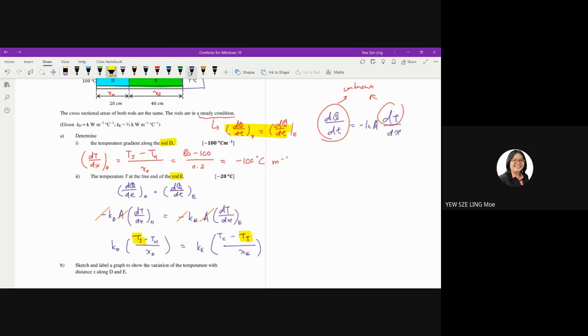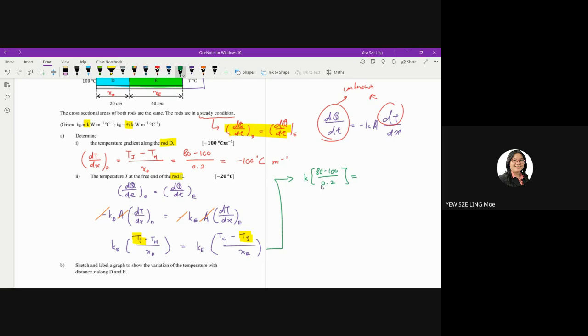So now that I have the equations, I can substitute the values into the equations. For KD, I have K here. According to the question, KD is equals to K, and KE is equals to 2 over 3 K. So KD is K, bracket, TJ is 80 degrees C minus 100, divided by 0.2.